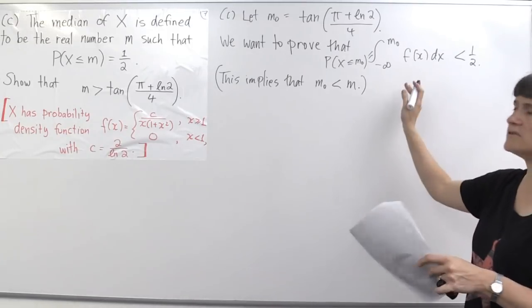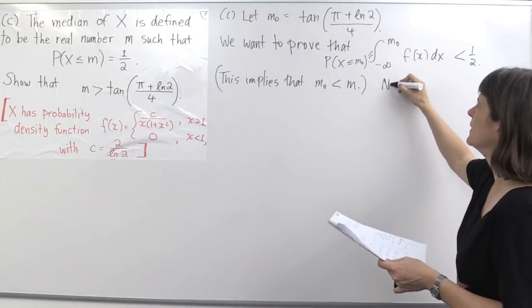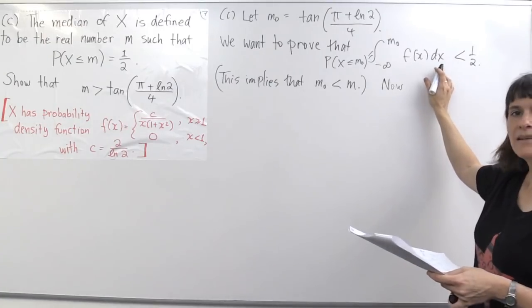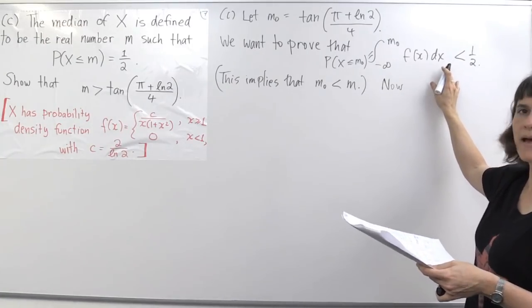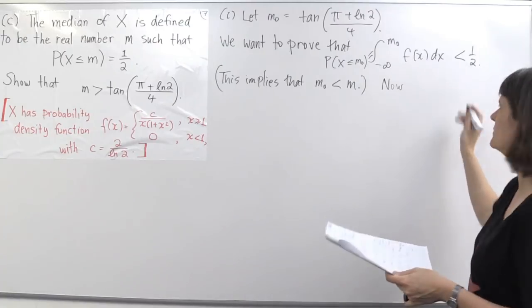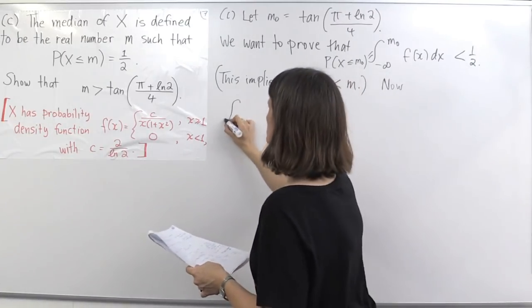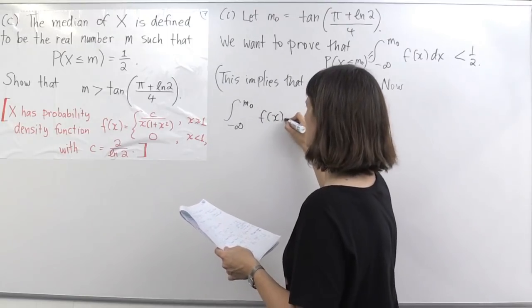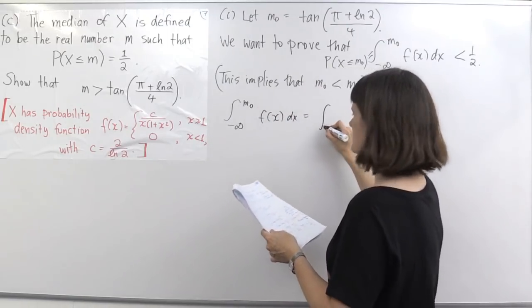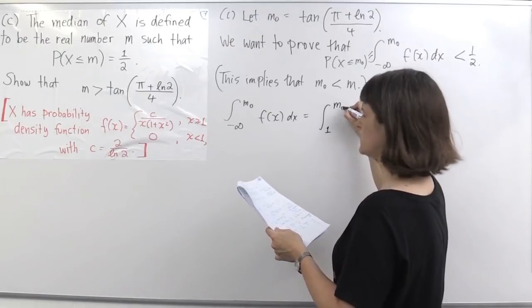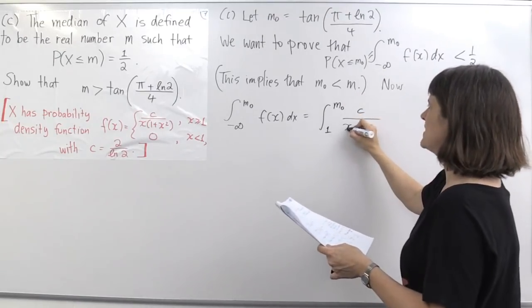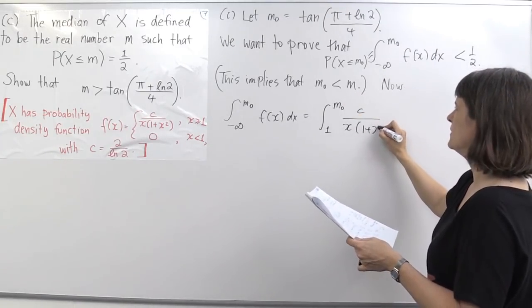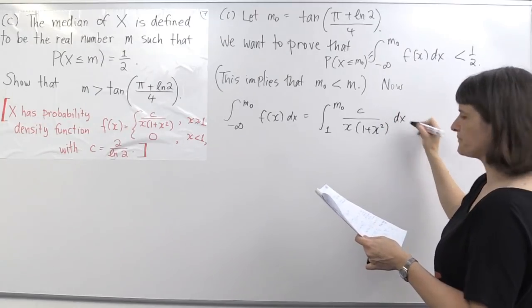Okay, so we just have to do this integration. And we don't need to evaluate it precisely. It would be enough to get an upper bound, which is still strictly less than a half. Okay? So the integral from minus infinity to m0 of f of x dx, again, is the integral from 1 to m0 of the density c over x(1 plus x squared) dx.